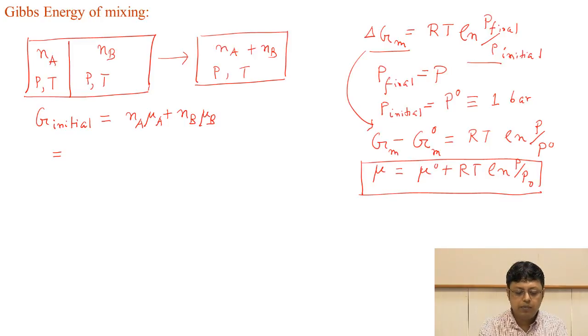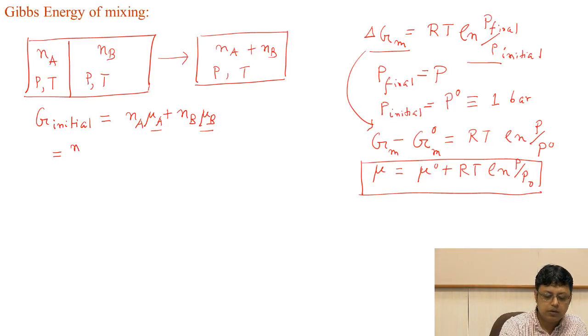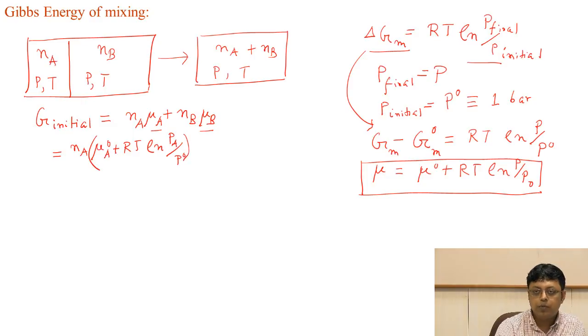So every mu here we could write in terms of mu0 plus RT ln P by P0. So let us just write it. I'll have Na times mu A0 plus RT ln PA by P0. There is no point in writing PA0; P0 is the same for everybody. It's just the standard condition, which is 1 bar.